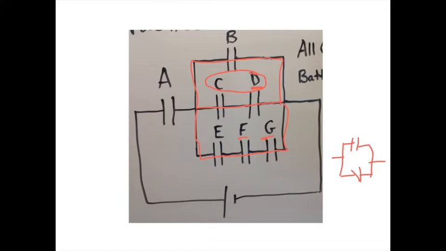And then I have to combine E, F, and G with each other to turn it into this. Not a great drawing. To turn it into this. And then I can combine those three parallel branches with each other. So just FYI, be careful about the order in which you combine things.